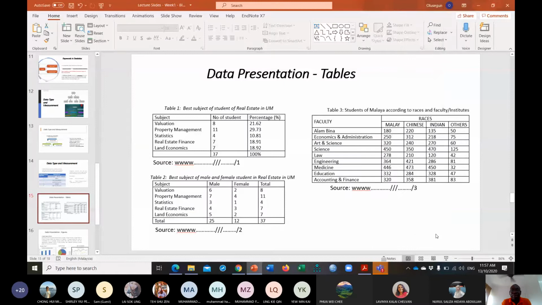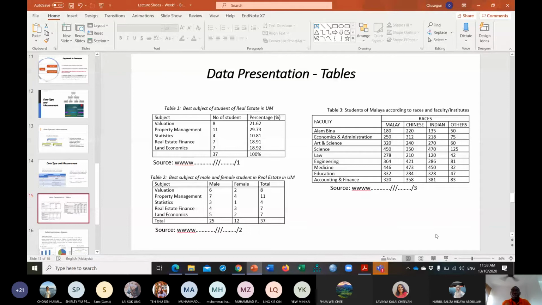So back on my slide. Now, back on my slide, the best subject of students of real estate: I have 8 for valuation, property management 11. This is not your own survey; this is a personal survey. 4 pick statistics, 7 pick real estate finance, and 7 pick land economics.